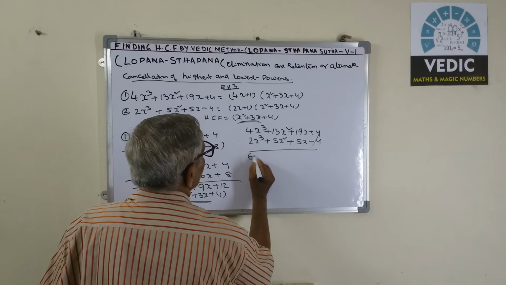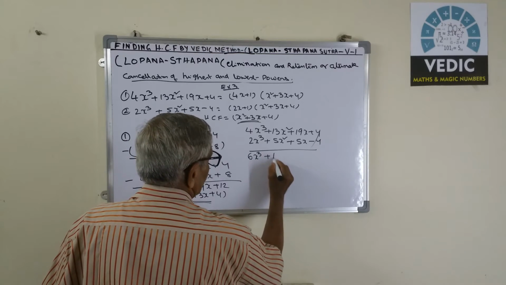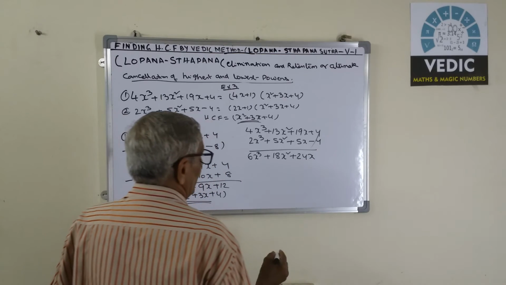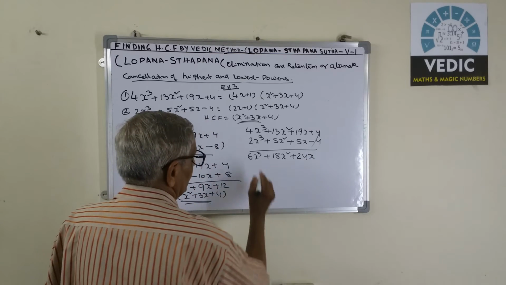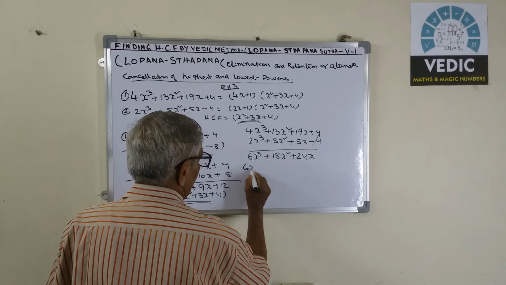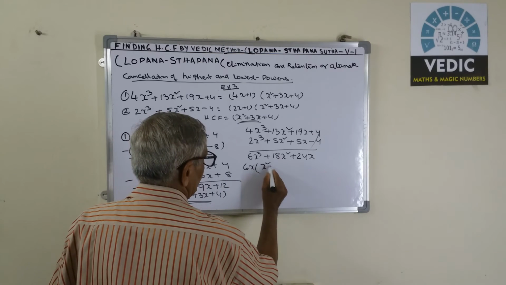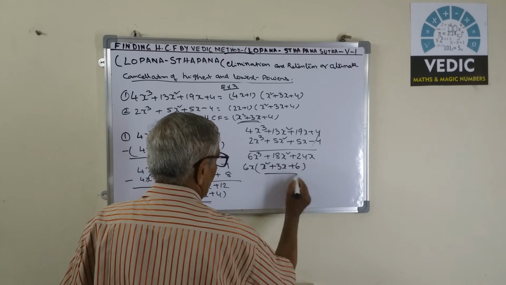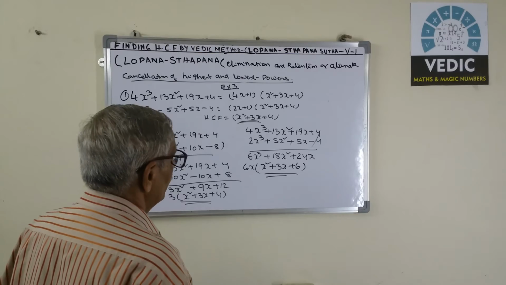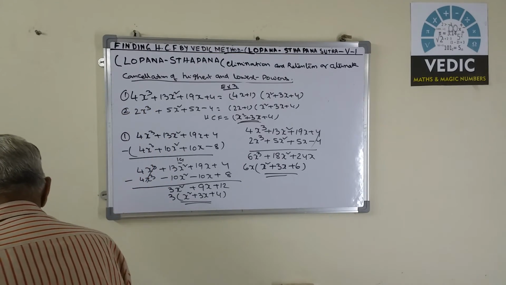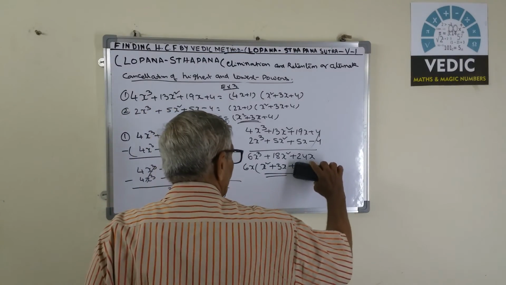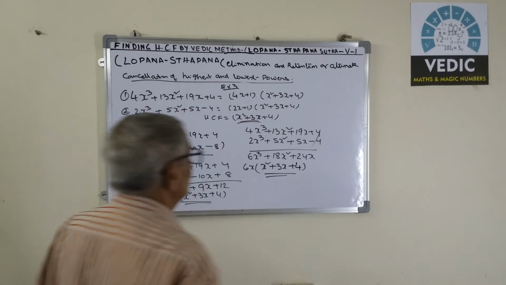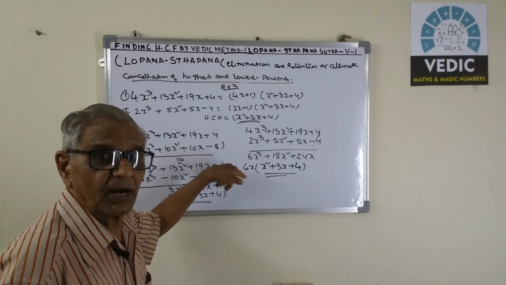Now it is 6x cube plus 18x square plus 24x. Now take 6x as common, x square plus 3x plus 4. So friends, by all three methods we got the same H.C.F.